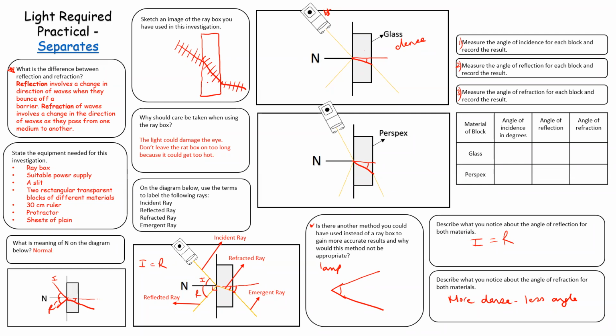Now, because white light is made up of multiple different colors, and they all have their own unique wavelength, this will cause different angles of refraction. So therefore you'll get different colors coming off, and you get your rainbow effect.